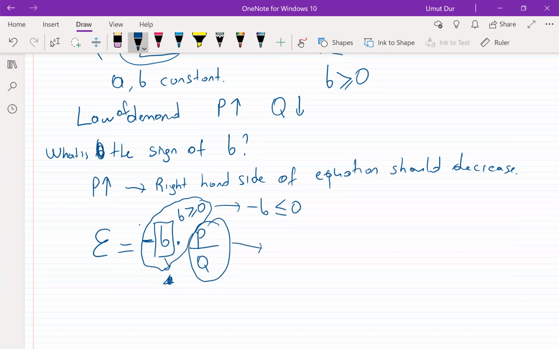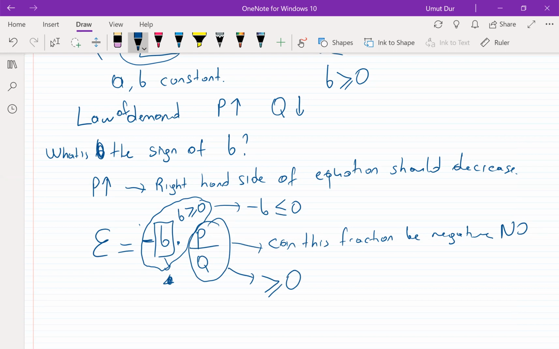Can this fraction be negative? It cannot be. If it is negative, either the quantity or the price should be negative, which does not make sense. So this will always be greater or equal to 0.